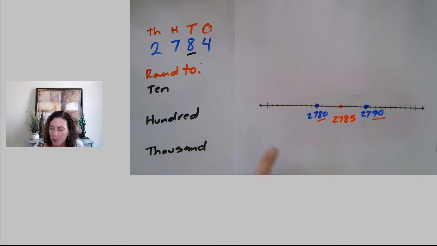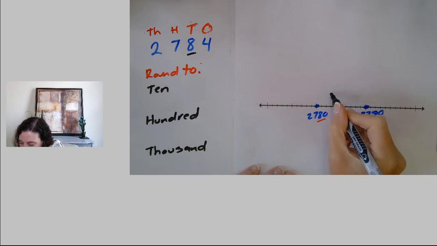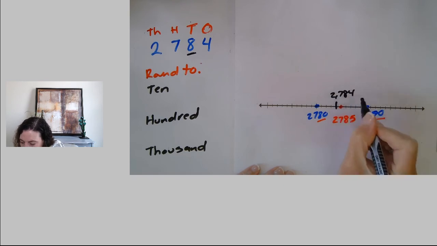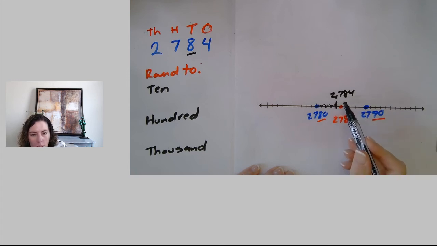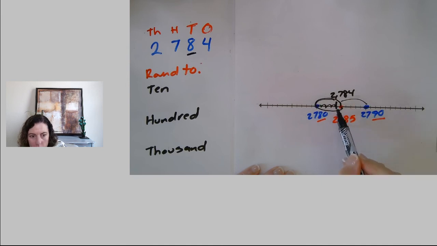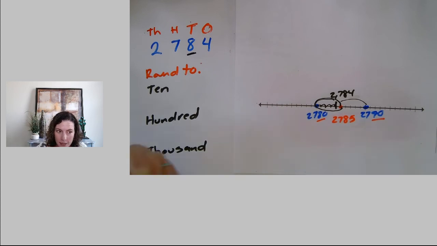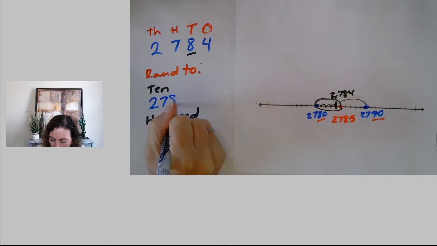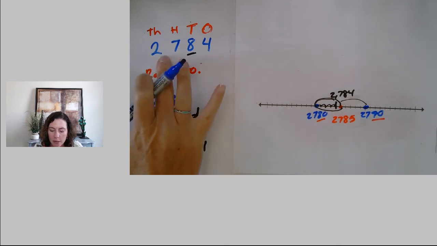Now to mark 2,784, I think it's going to go right here because this is 785. I could check it by counting and skipping along. Is this closer to this side or this side? It's on this half of my number line. So it's going to round to 2,780.